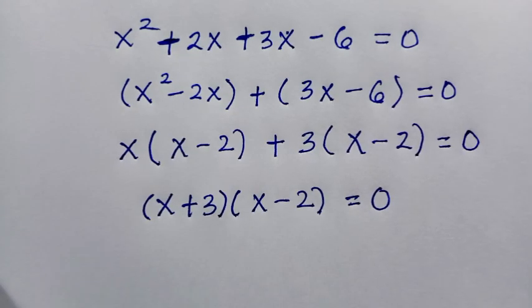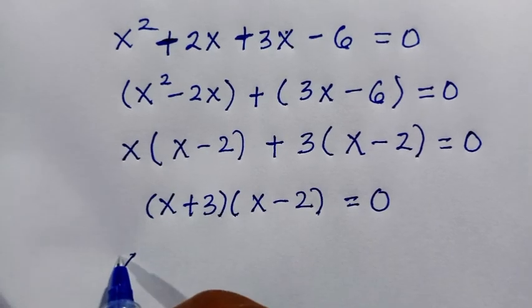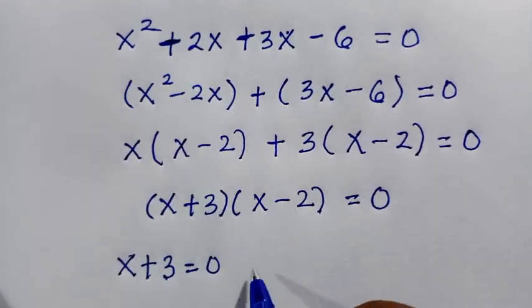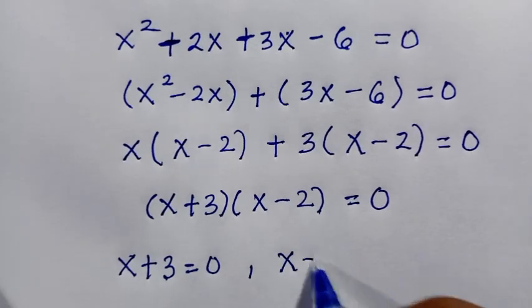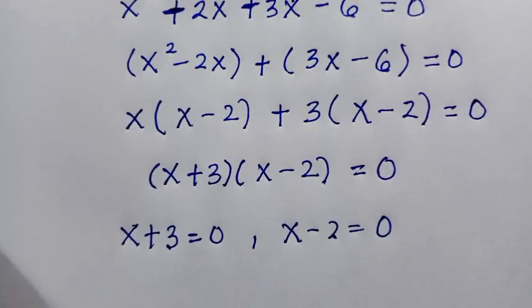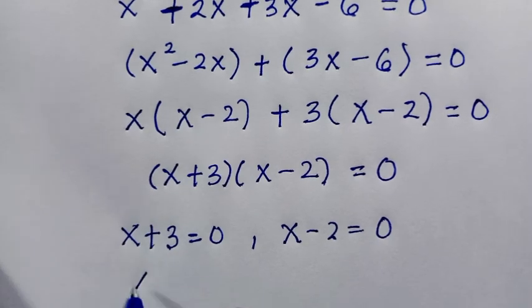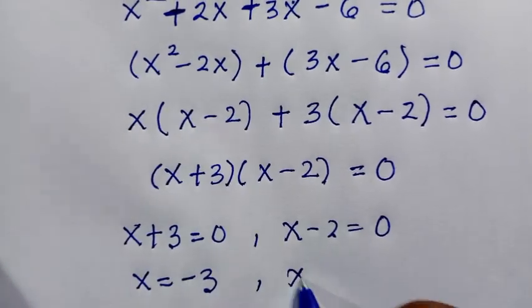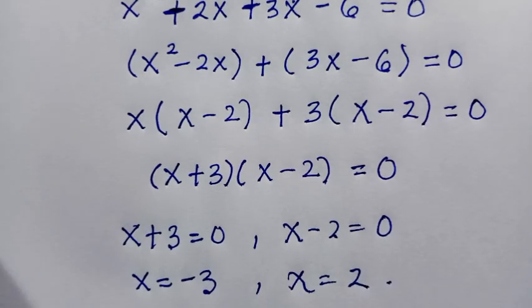Then from here, we let x plus 3 equals 0 or x minus 2 equals 0. So we have x equals minus 3 and x equals 2.